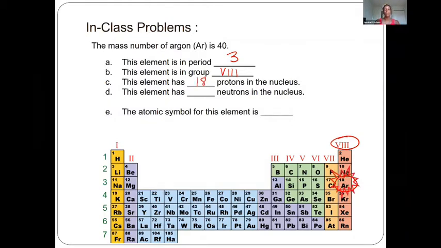And then the number of neutrons would be based on 40 minus 18, which would give us 22. And then the atomic symbol for this, now including all pieces, would be argon symbol, 40 up the top, and 18 on the bottom to be completely correct.